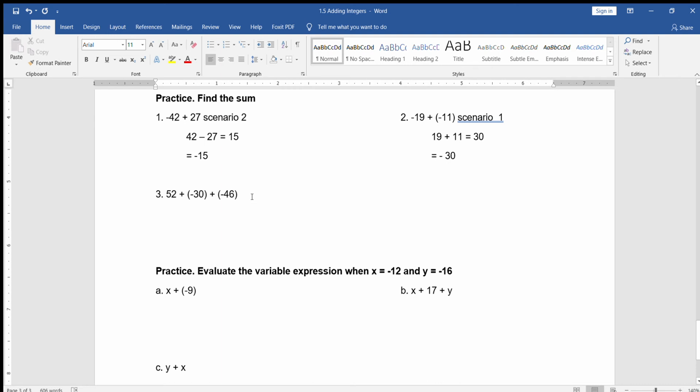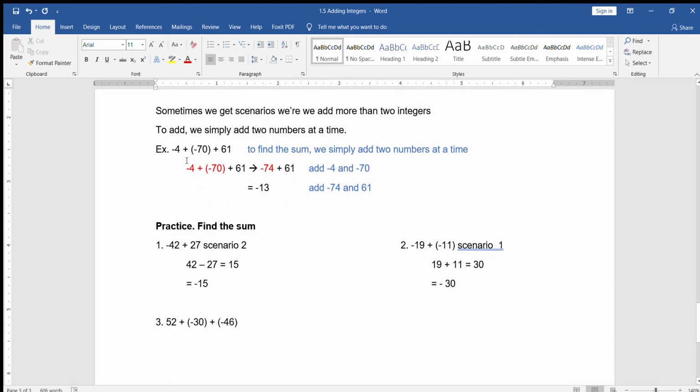Number 3 is a bit hard. We're just going to do it by parts again, as shown in the previous example. 52 plus negative 30 is 22. 22 plus negative 46 is negative 24.